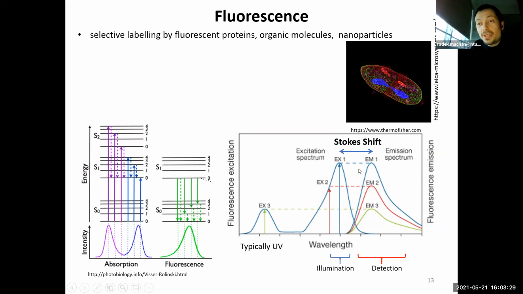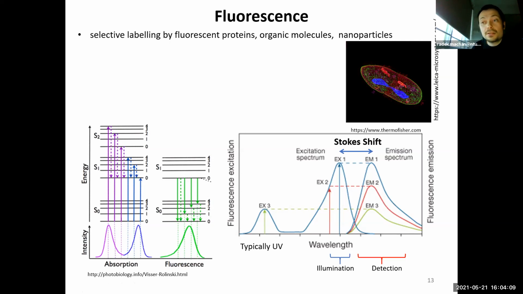We see the fluorescence of certain molecules which are fluorescent, can be fluorescent proteins, organic molecules, nanoparticles, and that allows us to selectively label certain structures in the cells or organisms with a particular fluorophore, fluorescent molecule or fluorescent nanoparticle, and then we can selectively look at particular structures.